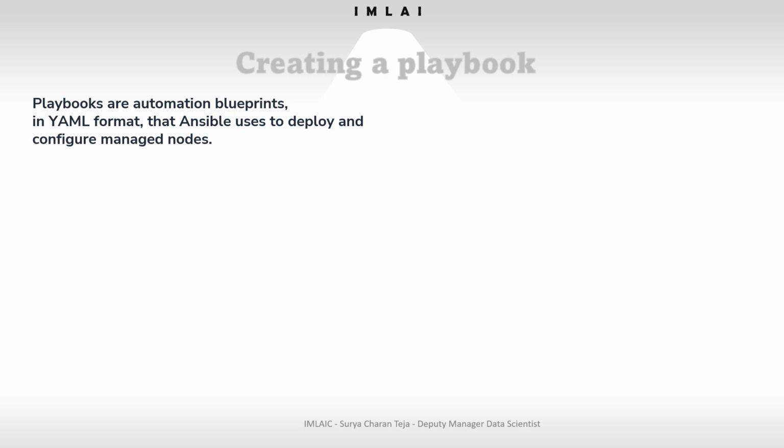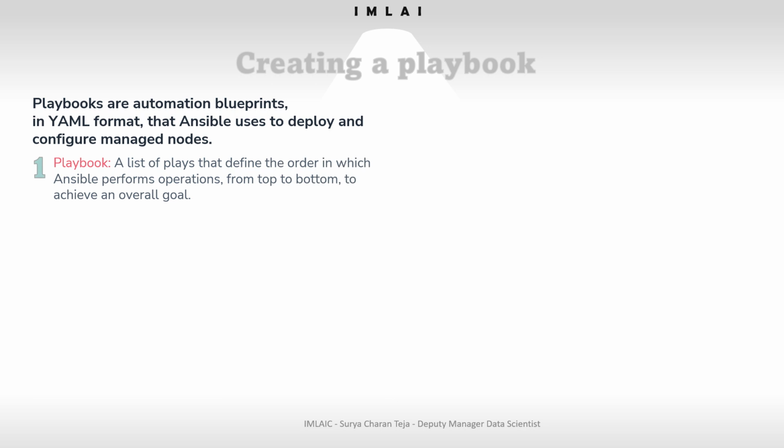It's that simple. We use a playbook as a blueprint. Using this playbook, we can deploy and configure the managed nodes, host machines or target machines from the control machine, or the machine with Ansible. So that's what the playbook is.